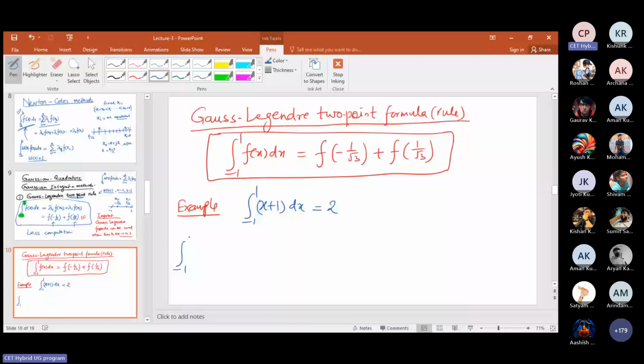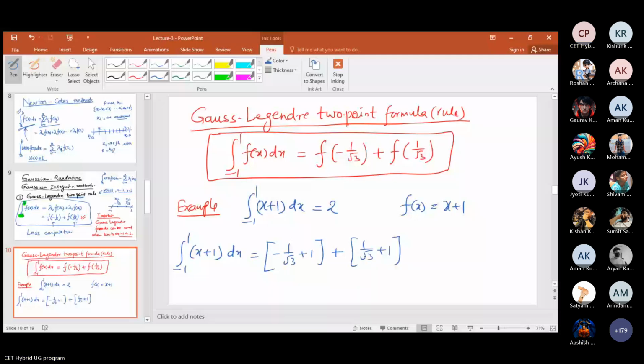Here, what is f(x)? If you notice carefully, f(x) is x plus 1. So what does f of -1/√3 become? -1/√3 plus 1. And f of +1/√3 becomes 1/√3 plus 1. So the two terms cancel, and 1 plus 1 is equal to 2.